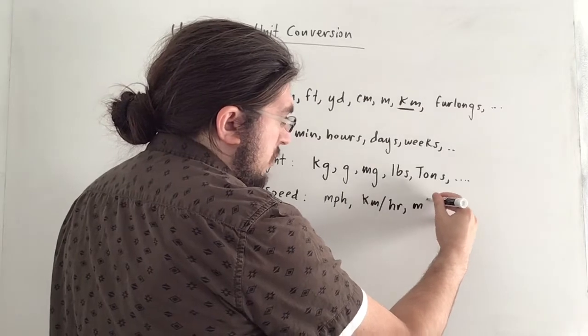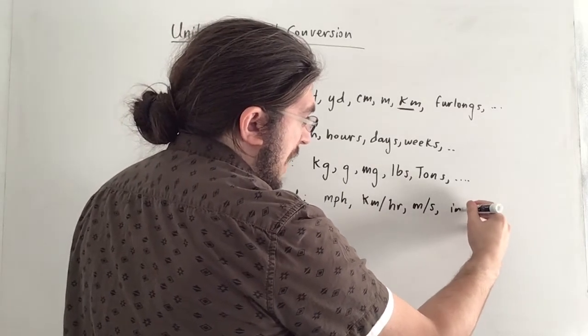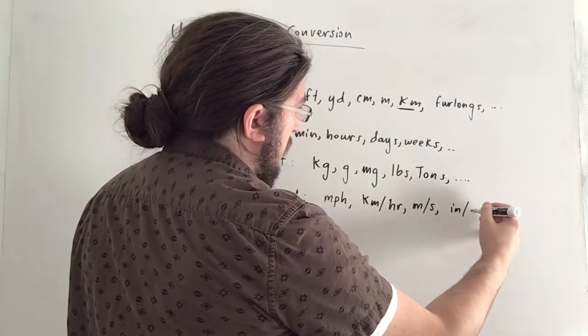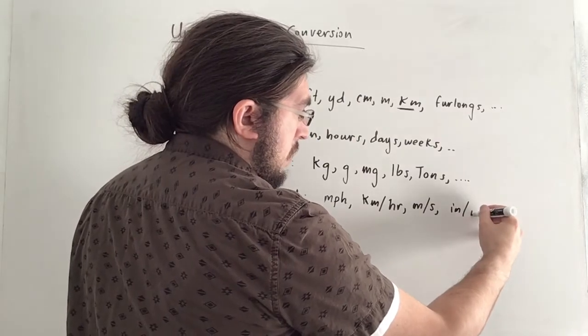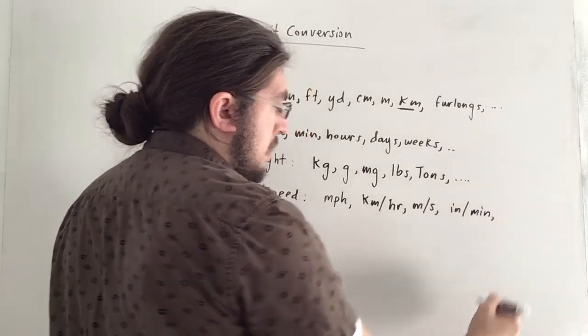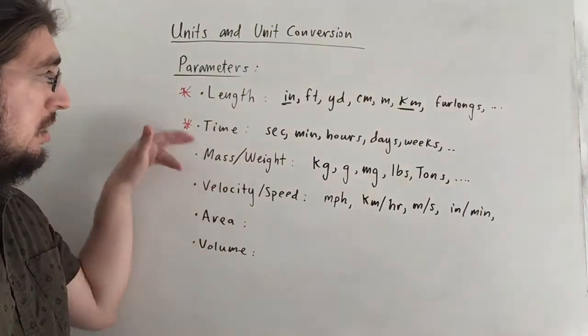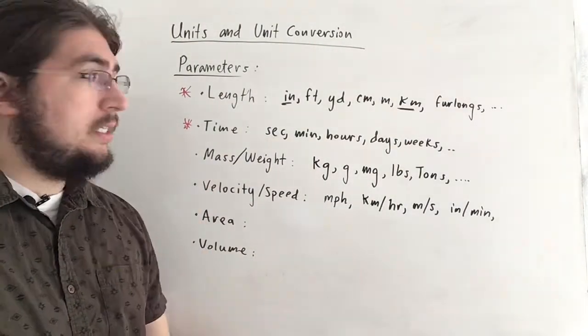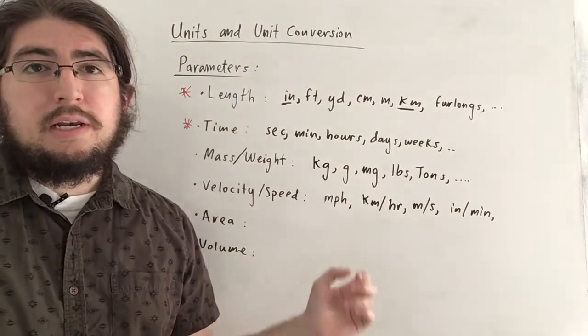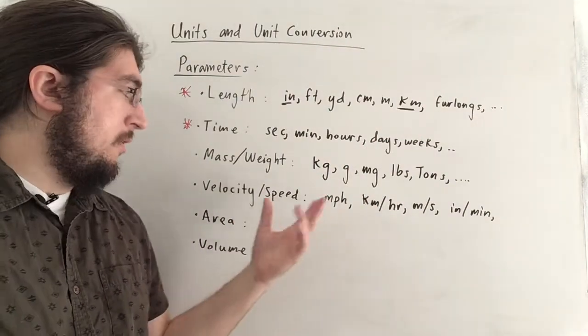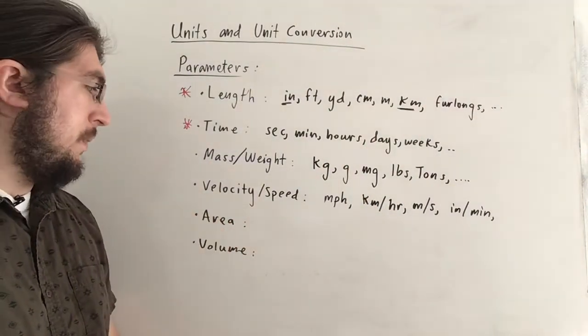You could also have meters per second. You can have inches per minute, for instance, or feet per minute. It just goes to show that in reality, this is just composed of length and time. Just take your favorite length unit, divide it by your favorite time unit, and there you go. You have a unit for velocity or speed.